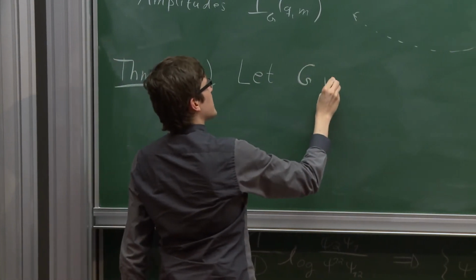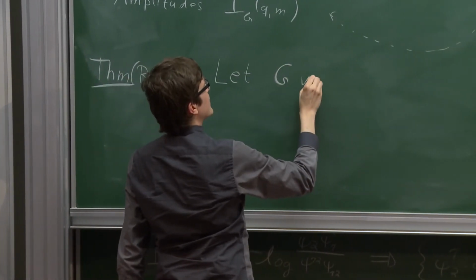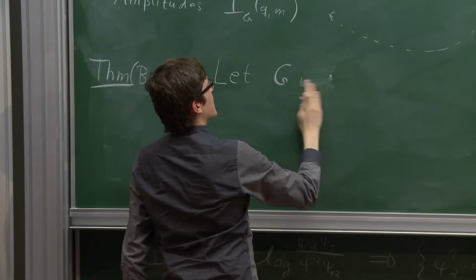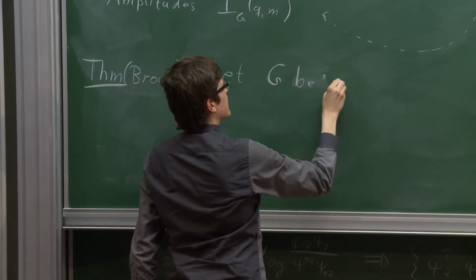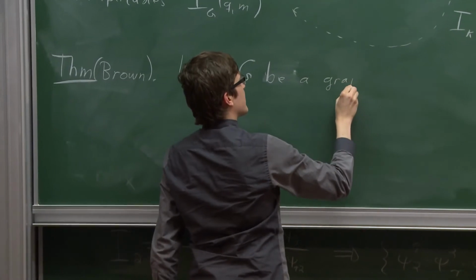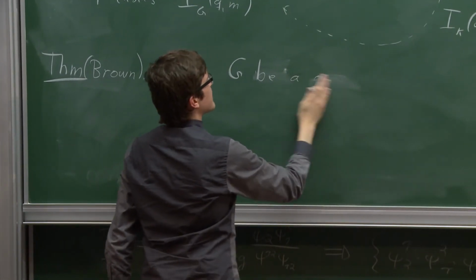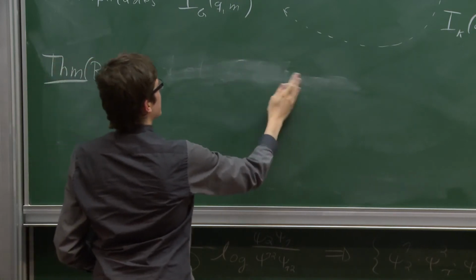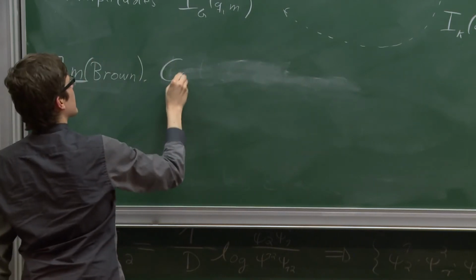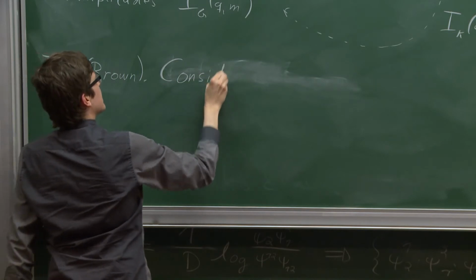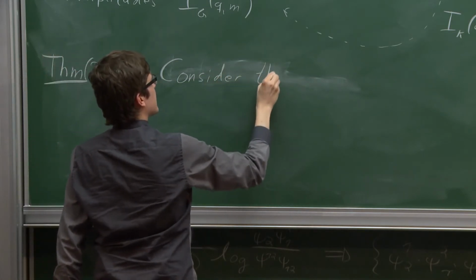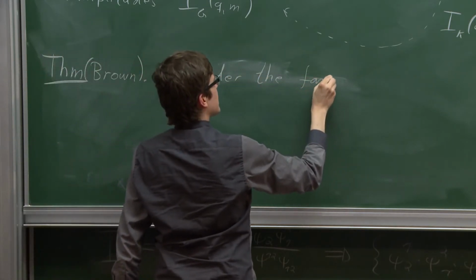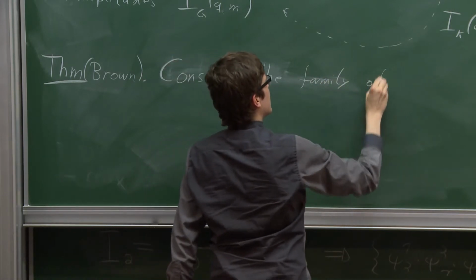Let G have vertex with, or actually I will give another example because I have 1 minute left only. Consider the family of ladder boxes.